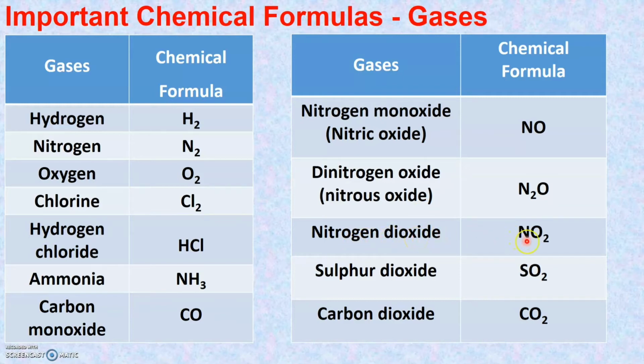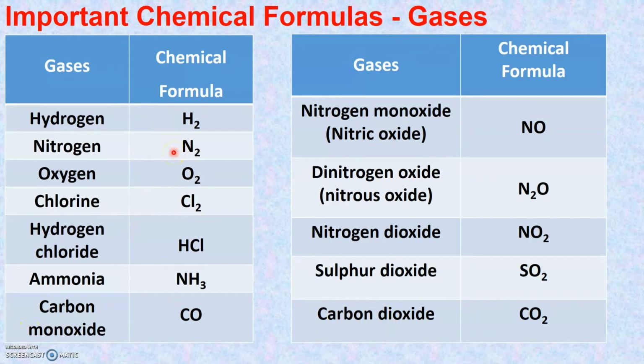Therefore the chemical formula is NO2. Sulfur dioxide with the chemical formula SO2, which means 1 atom of sulfur and 2 atoms of oxygen. Carbon dioxide has got the chemical formula CO2, which means 1 atom of carbon and 2 atoms of oxygen.